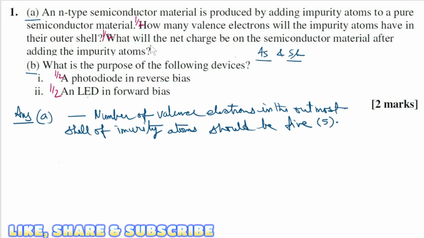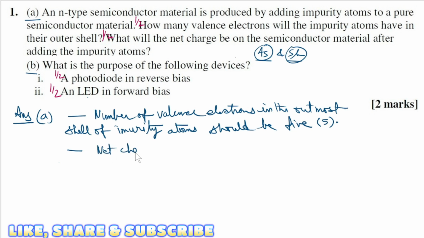The second subpart of this question: what is the net charge on the semiconductor material after adding the impurity atoms? Now see, the idea is intrinsic semiconductor is neutral and the dopant atoms are also neutral, and hence the N-type semiconductor should also be neutral.